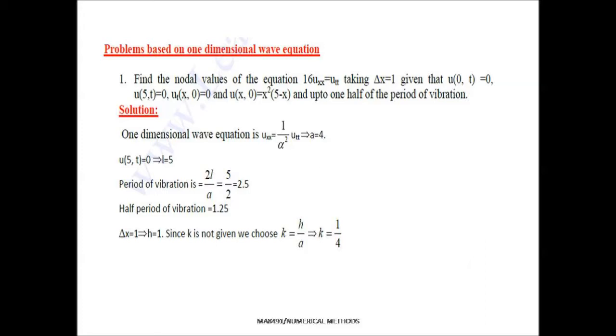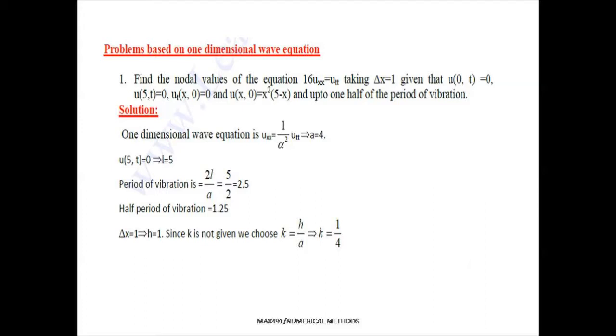So first start by writing your value of a, which is actually 4, because 1 by alpha square is 1 by 16, that implies a equal to 4. Now next you are going to find your length.